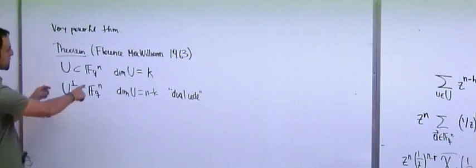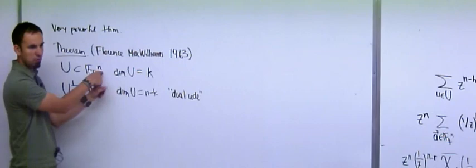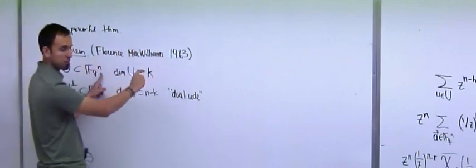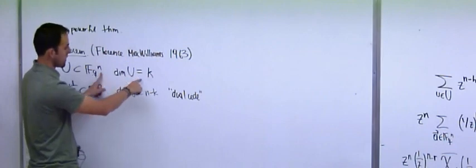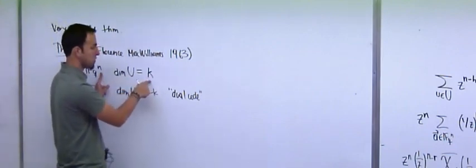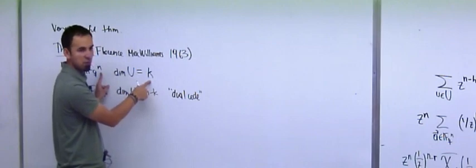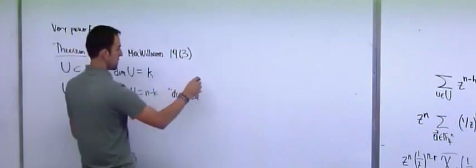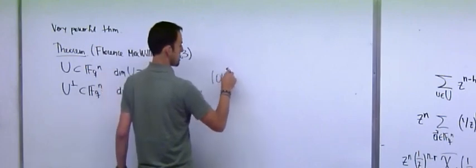And for example, you should notice that if n is 100, so you have words that are 100 long, and let's say that k is 95, so that means you have a 95-dimensional space in F_q to the 100. This has q to the 95 words.